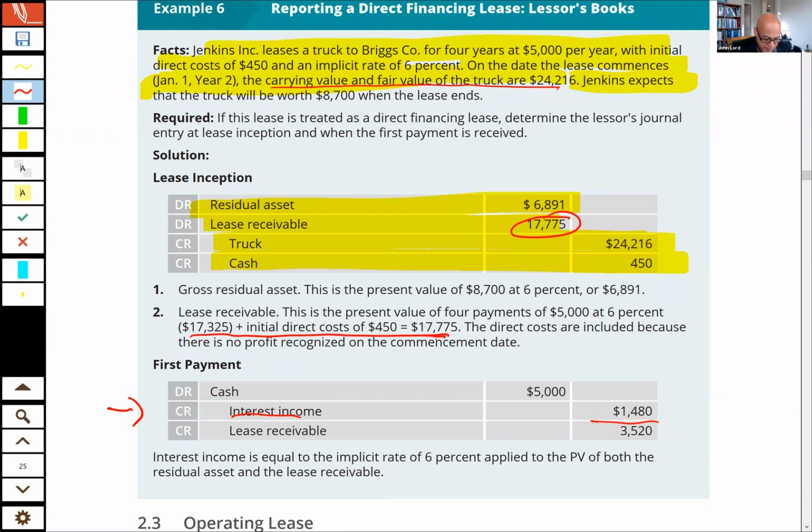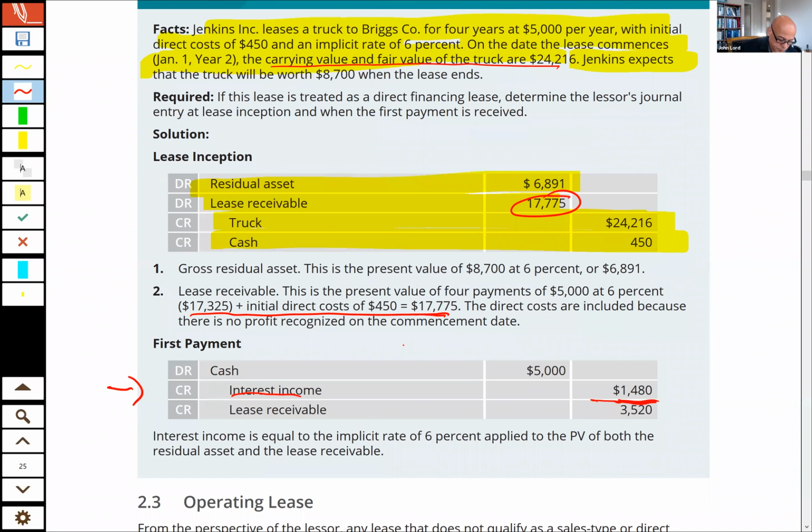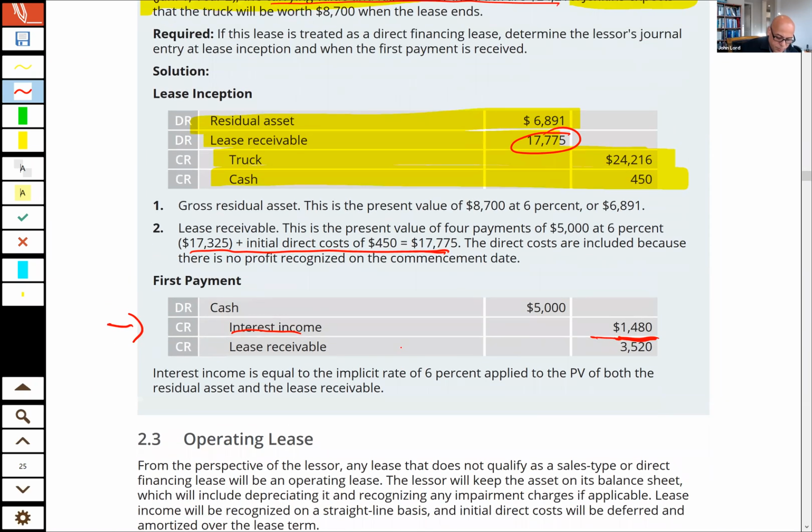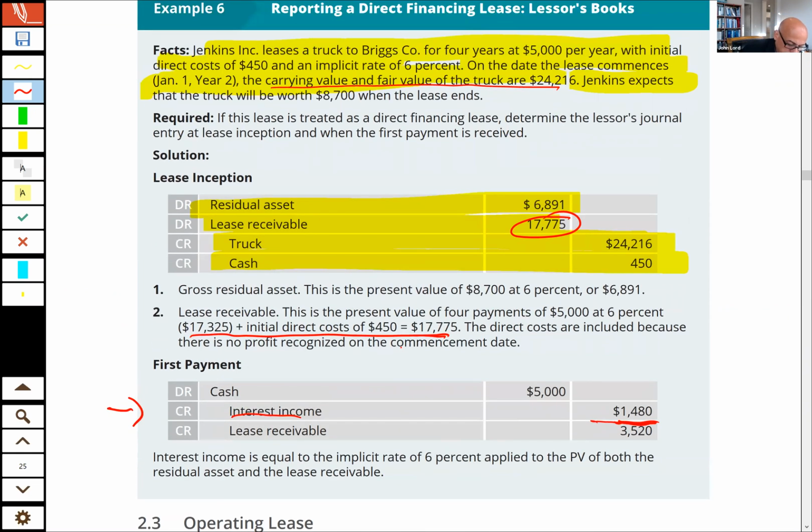That's where they got that 17,000. And then you simply amortize that, getting the interest expense. And now it's interest income, the 1,480. The difference goes to the lease receivable. Okay, good. And then presumably you will get that equipment back at the end.